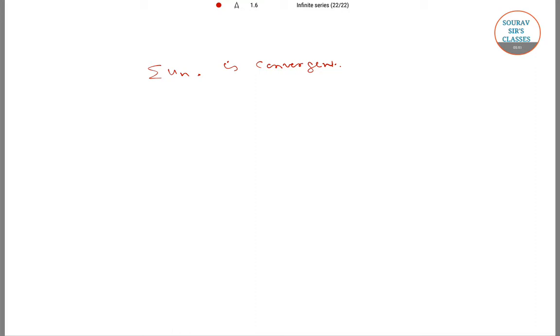Similarly, when k is less than 1, using similar steps as in case 1, we can prove that summation un is divergent. So this is the proof of the logarithmic test.